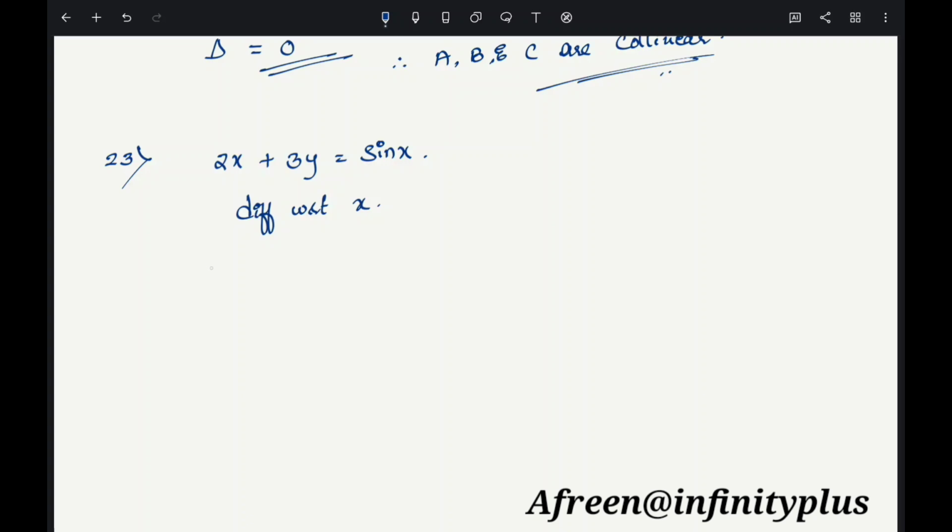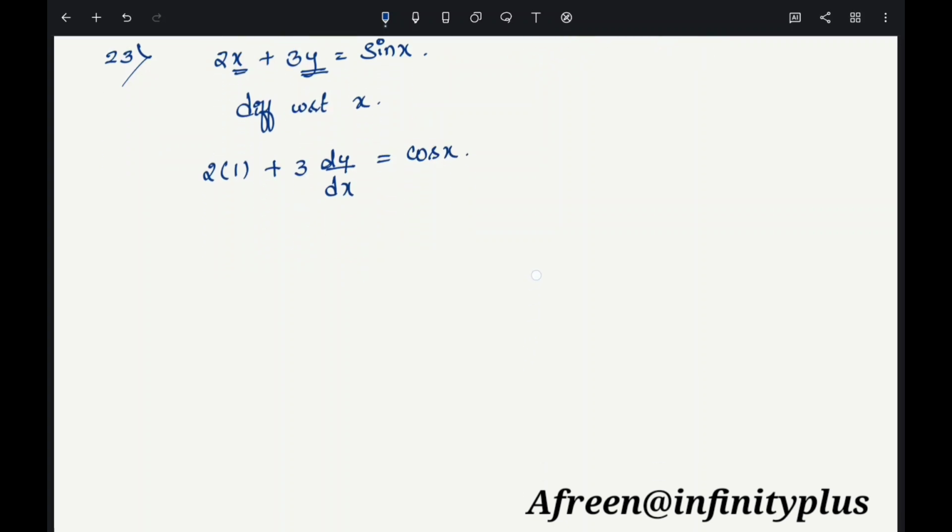After differentiating, we will get 2 into differentiation of x with respect to x, which is 1, plus 3 into differentiation of y with respect to x, which is dy by dx, which is equal to differentiation of sin x. We will be having it as cos x. Now you can write 2 plus 3 into dy by dx is equal to cos x. Now send this to that side.